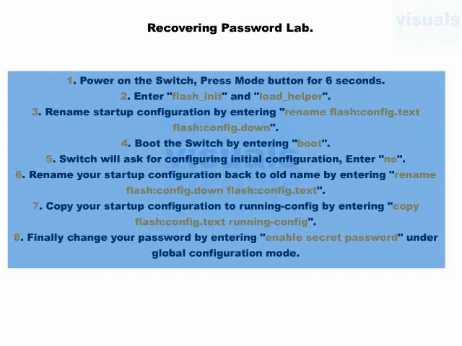I entered no there, and then I renamed config.down back to its original name, config.txt, and then I copied my config.txt to running configuration. Then I went to global configuration mode. There I entered enable secret and the new password, and I copied my running configuration back to startup configuration.